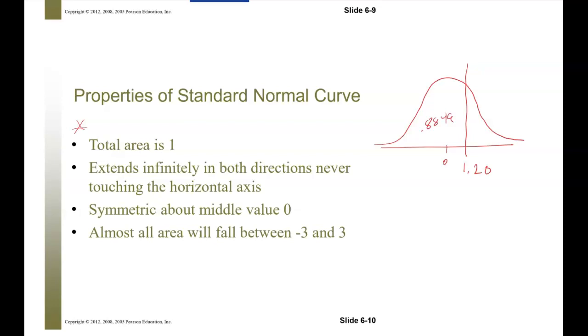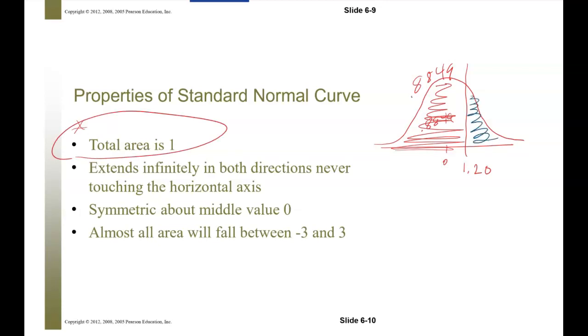Your table is always going to give you that area to the left. Knowing that it has a total area of 1, if I wanted the area to the right, all I would have to do is 1 minus 0.8849. You would simply subtract and you would then get, I believe, 0.1151.